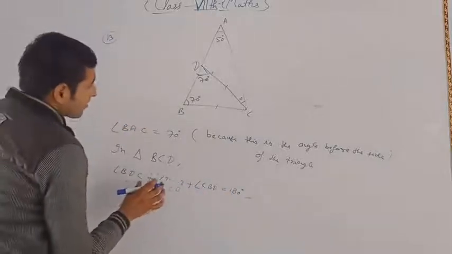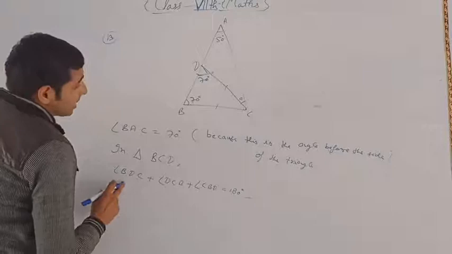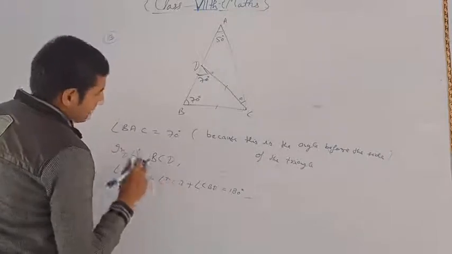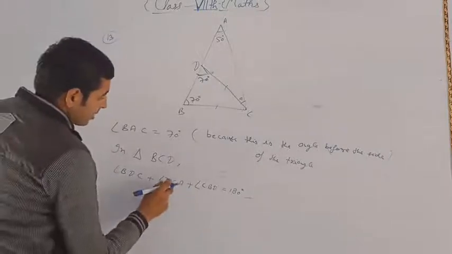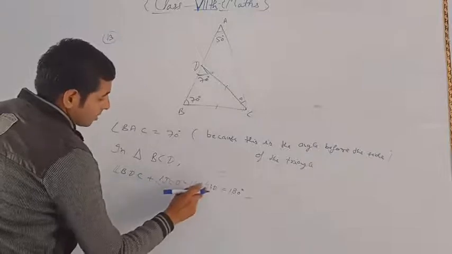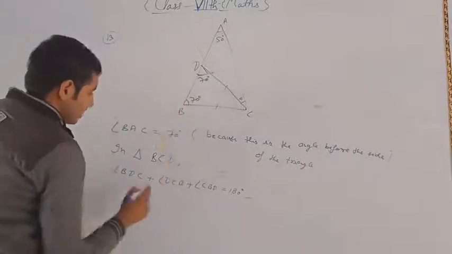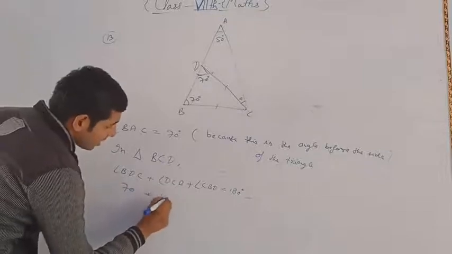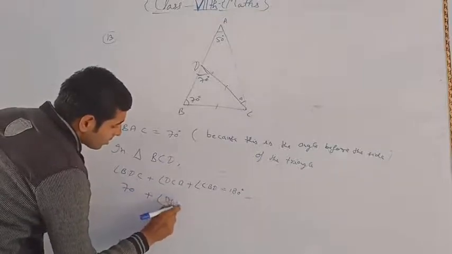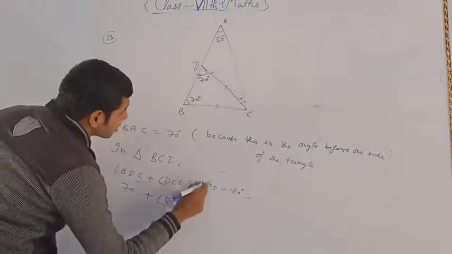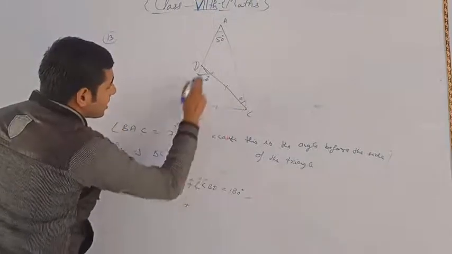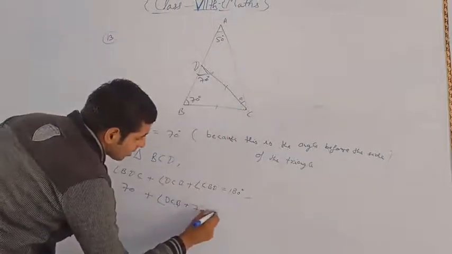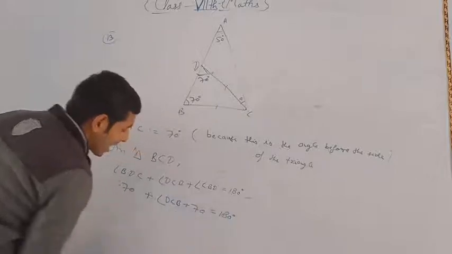From here, it is already given that angle BDC and angle CBD are 70 degrees. So 70 degrees plus angle DCB, which we have to find, plus angle CBD, also given 70 degrees, is equal to 180 degrees.